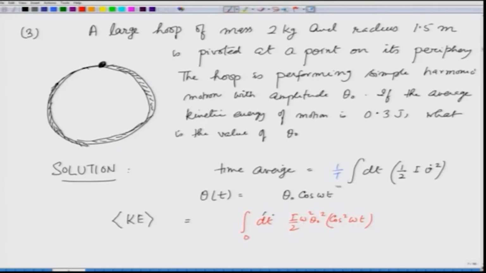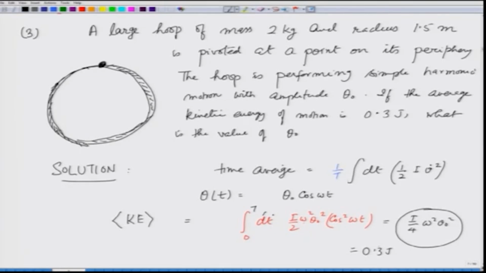Now, for the average, instead of 1/2, this should be 1 over the time period T. 1 over time period T, dt averaged over the time period, comes out to be 1/2. So, this is going to be I by 4 omega square theta 0 square, and it is this quantity which is given to be 0.3 joules.